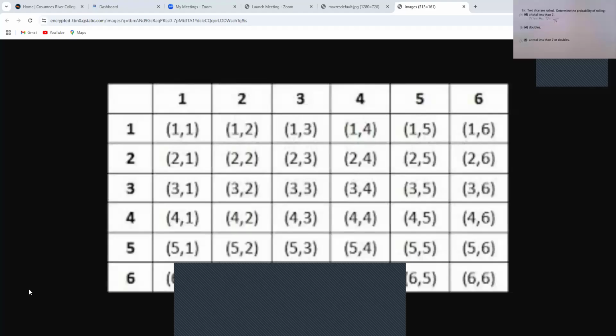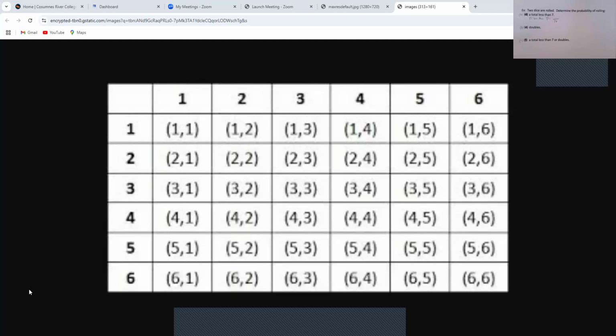But how many of those 36 add up to a total that's less than 7? Well, this main diagonal from the very bottom left to the very top right, those are the ones that add up to exactly 7. So all the ones that add up to something less than 7 are going to be up and to the left from this main diagonal.